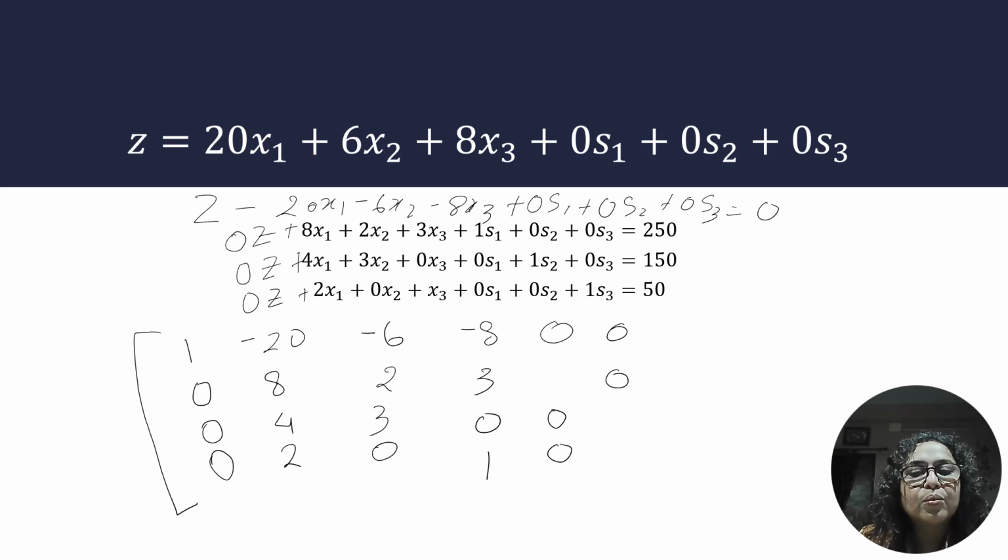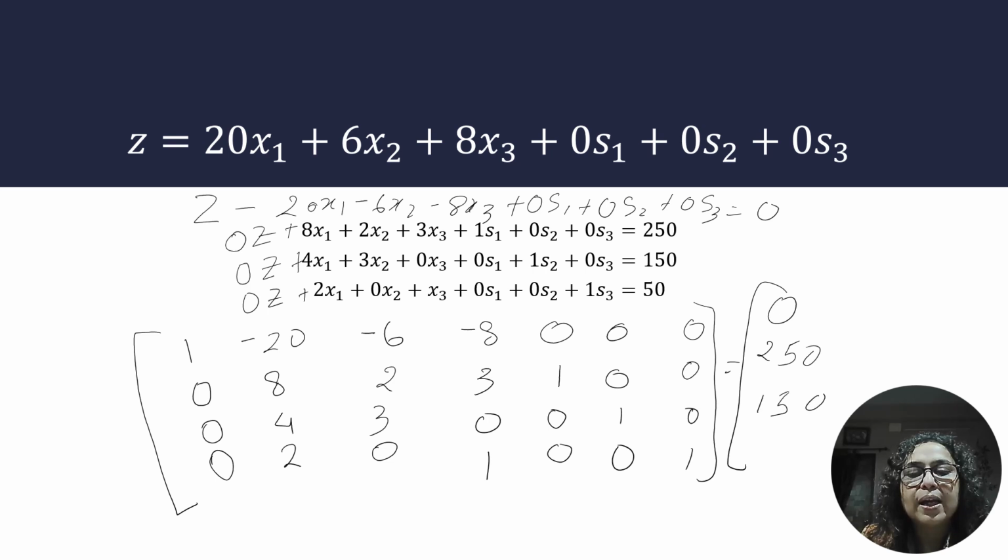For S2, again we'll have 0, 0, 1, 0. For S3, we have 0, 0, 0, 1, which is equal to, now this constant is also included, this 0. So we have 0, 250, 150, and 50.